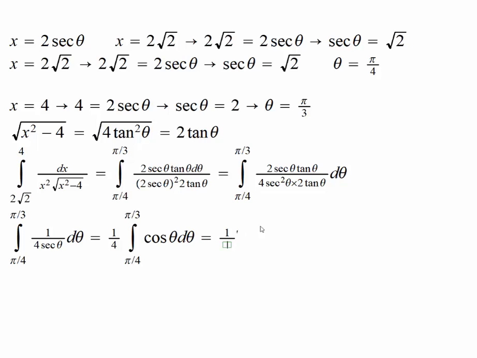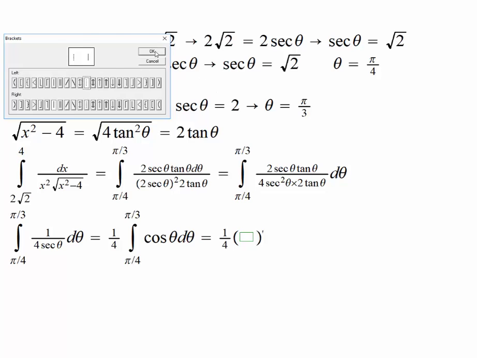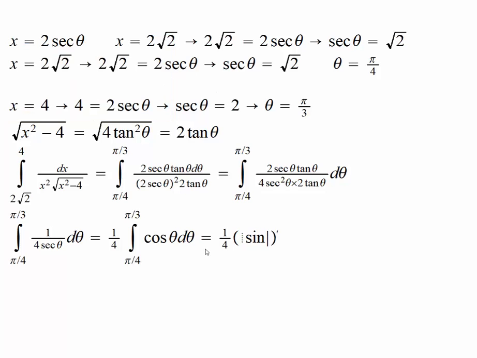So our answer will be, we are almost there, the antiderivative is sine theta, the upper limit is pi over 3, and the lower limit is pi over 4. So we get 1/4, right? And sine of pi over 3 is square root of 3 over 2.